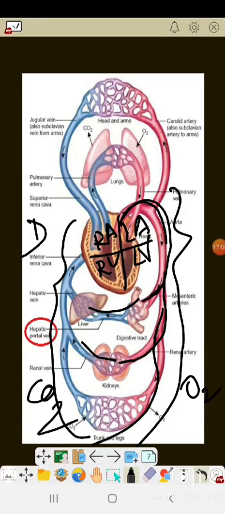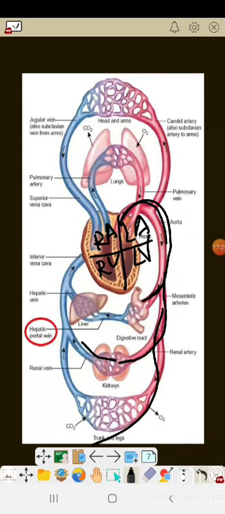So this is deoxygenated and here oxygenated. So the whole circulation towards the left side is oxygenated blood, and towards the right side is deoxygenated blood. The blood which has become deoxygenated will enter here directly from the stomach and intestines.